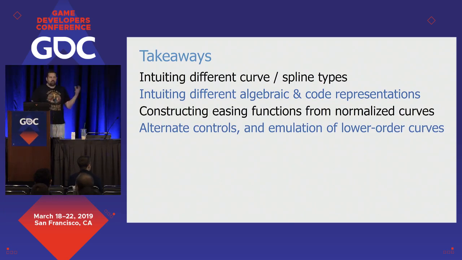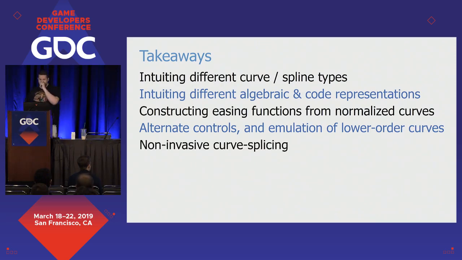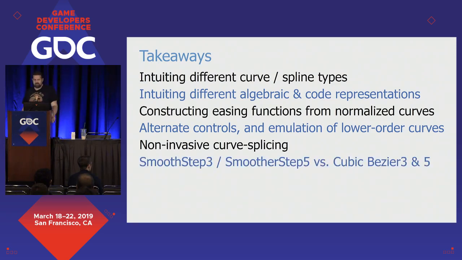Talking about alternate ways of controlling curves and having some curves look like other curves and sort of masquerade as each other. We're often going to want to have splines and curves that we're going to want to slice to make a branch in a game with paths that guys are marching down or something. And there's some interesting stuff with curve splicing. I'm just going to go into the basics of how it works. There's some pretty cool techniques.